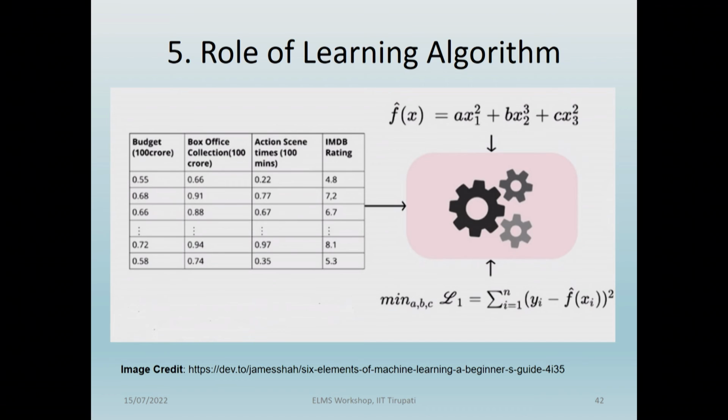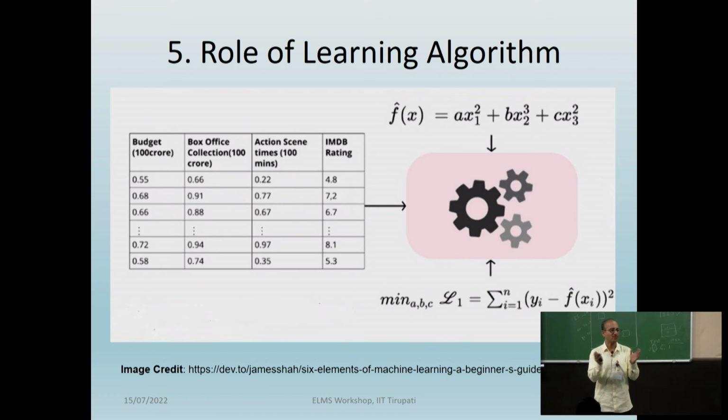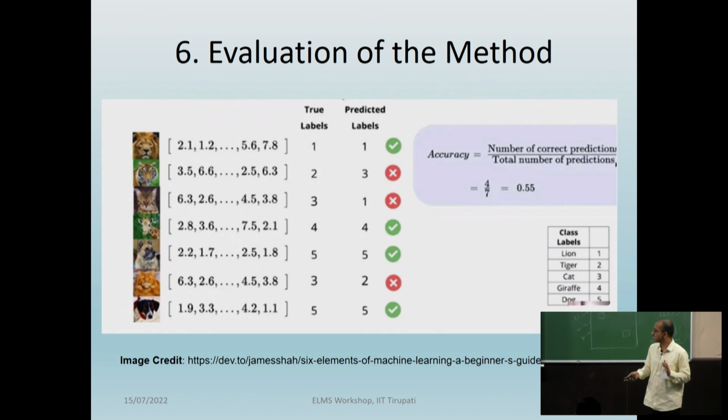And then what is the algorithm's role? To find the best f, or the best model, that will relate the input variables to the output variables, agreeing with the ground truth. Essentially there are different optimization procedures to find the model, and finally we evaluate the model that we develop.